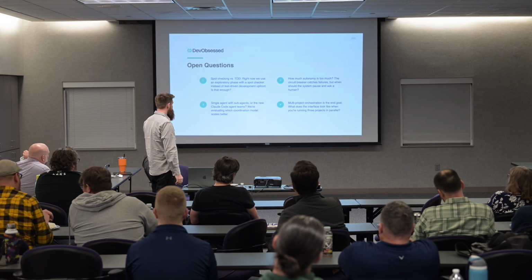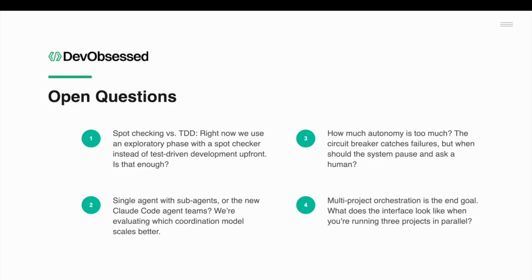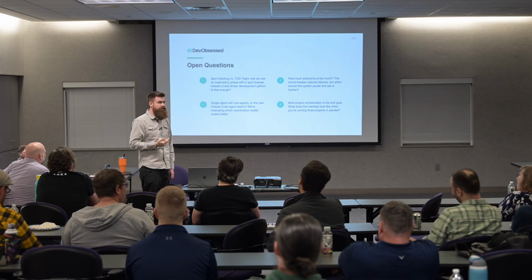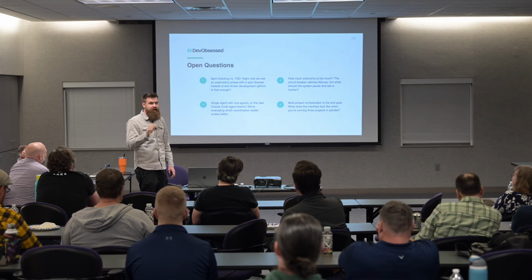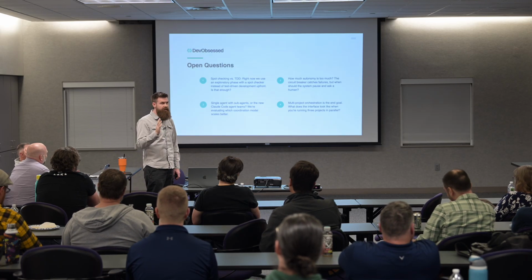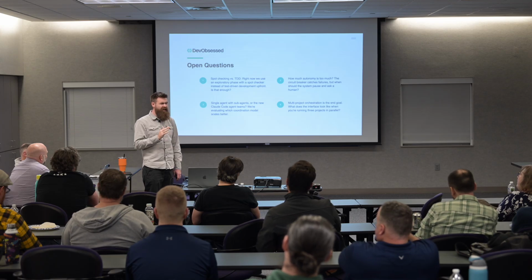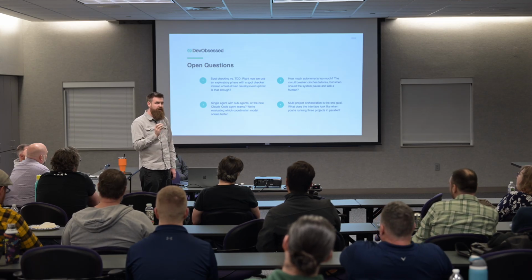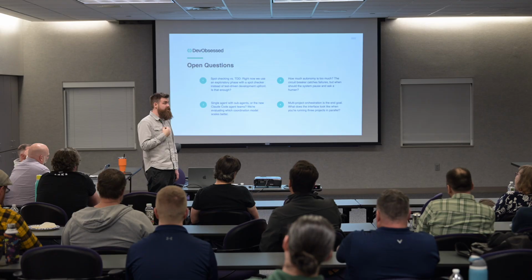Multi-project orchestration in Go. What does the interface look like? I tried to do 6 projects at one time. I wanted to see how many before my brain couldn't keep up. And I'm like, I don't even remember what the first one that I was working on was. I went back down to 3. It felt real comfortable. I could kind of do 4, but I think 3, at least for me, is that sweet spot.